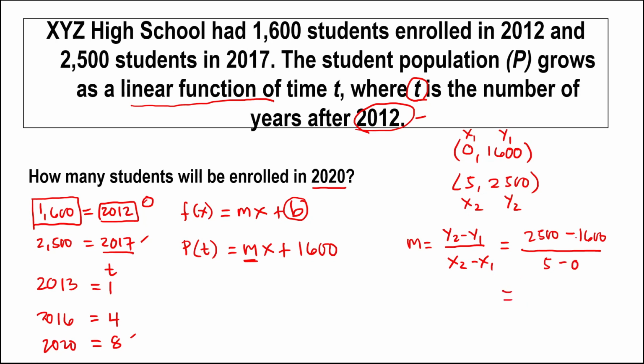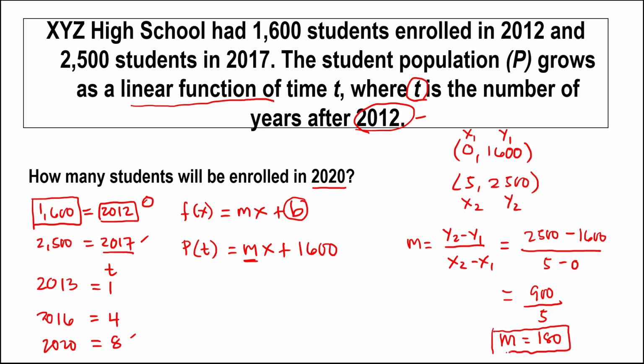Then 2,500 minus 1,600 is equal to 900. Then 900 over 5. So therefore the slope is equal to 900 divided by 5, so the slope is equal to 180.